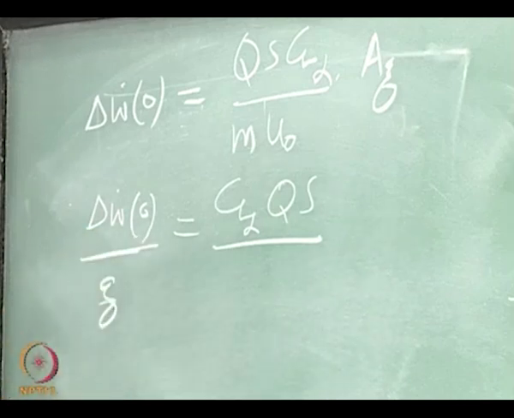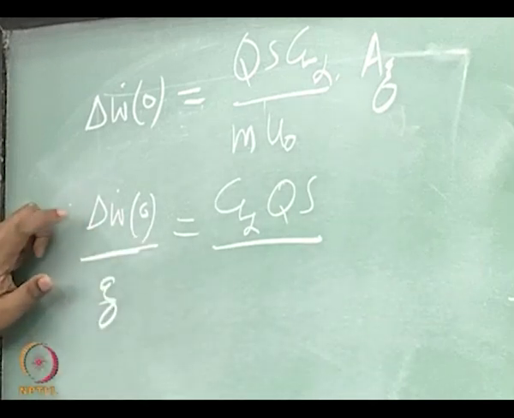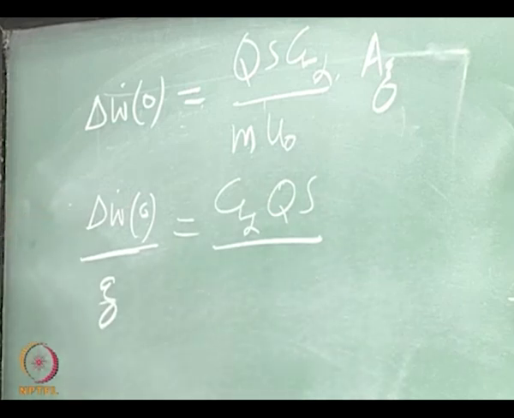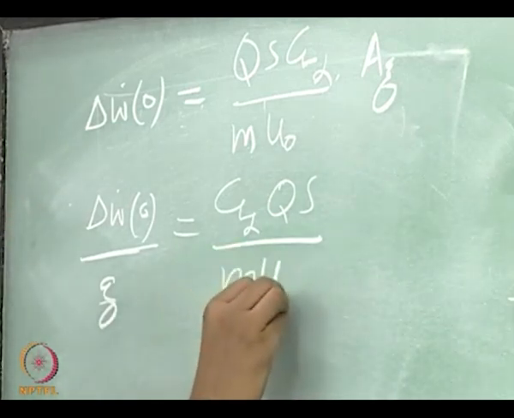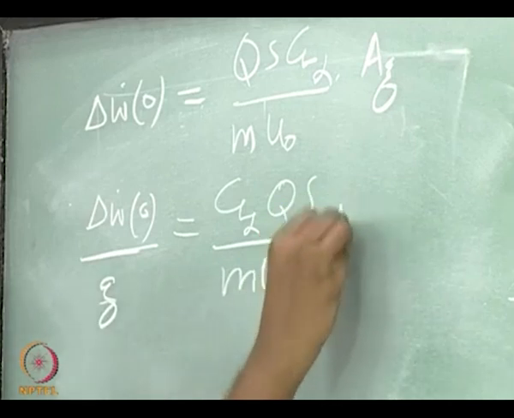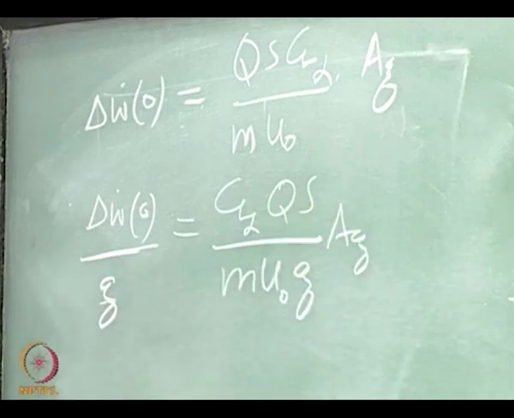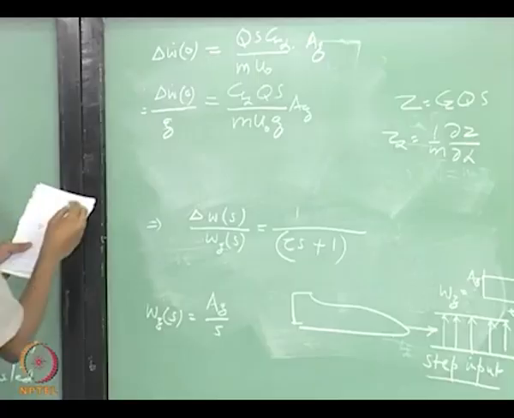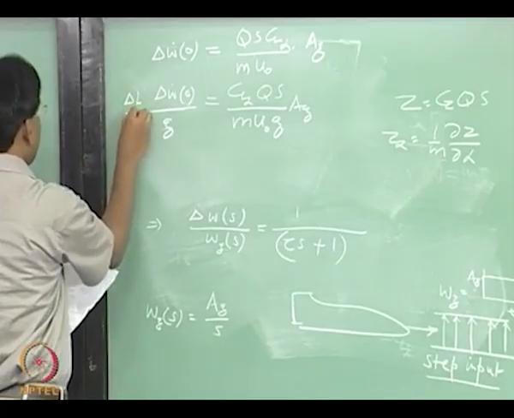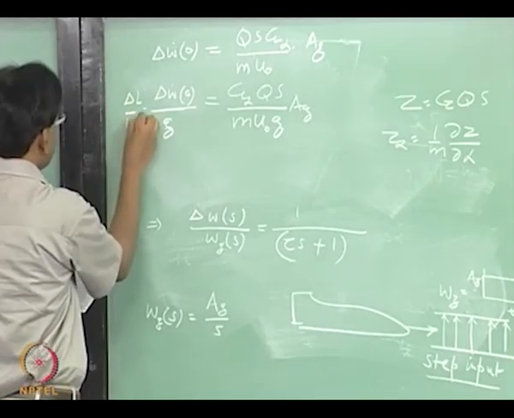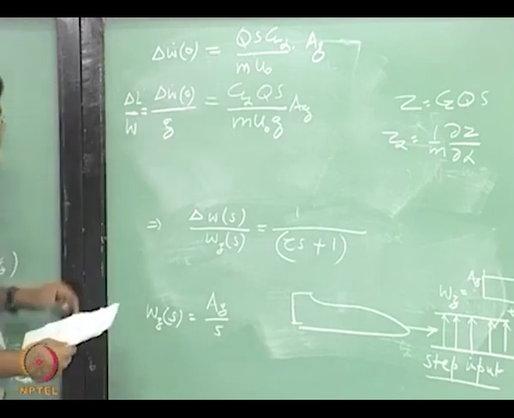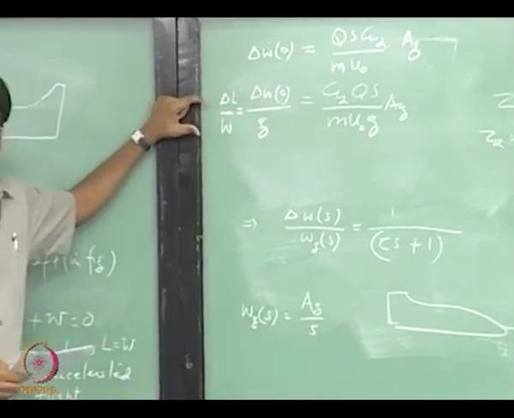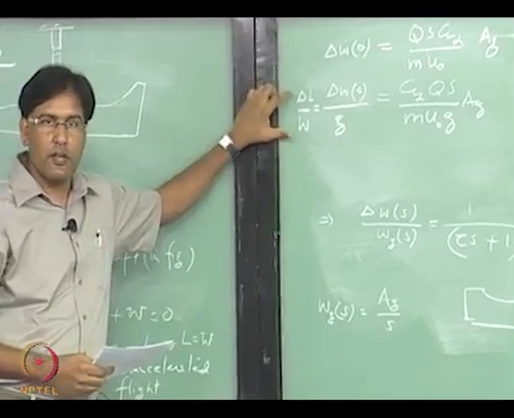So, we can find out the relative magnitude of this acceleration with respect to g. And this is nothing but delta L over W. Okay.